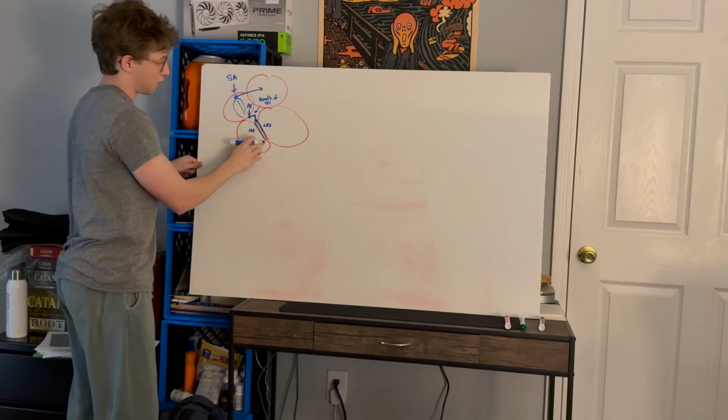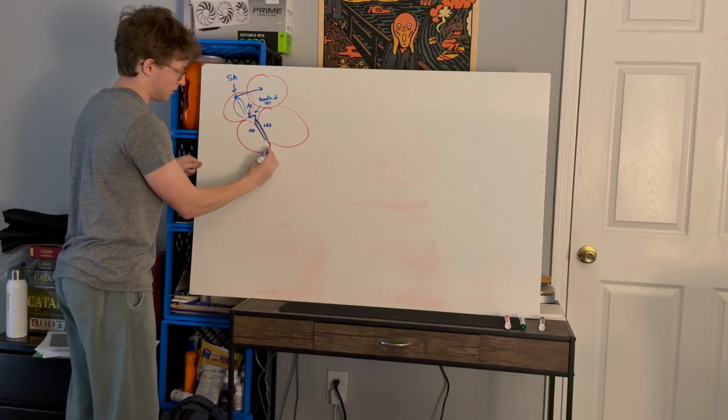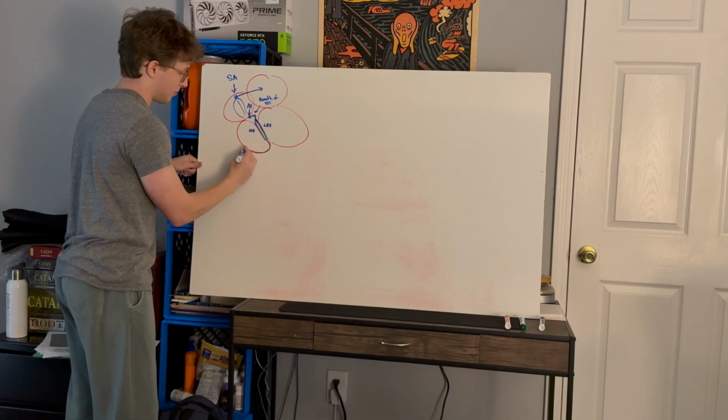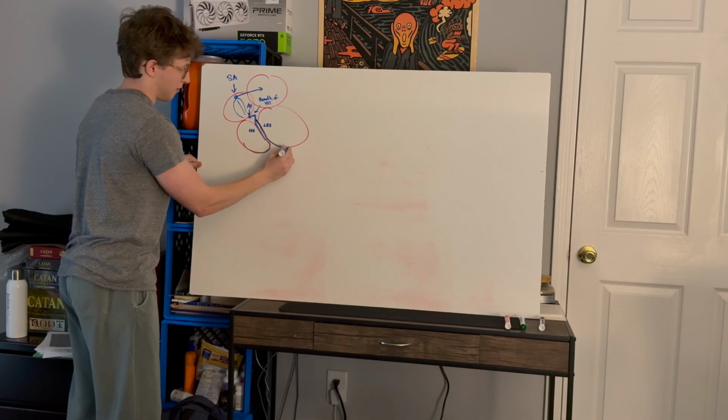And then those are going to wrap around the apex of the heart, the bottom of the heart, and then come back up. And the left bundle branch does the same thing.